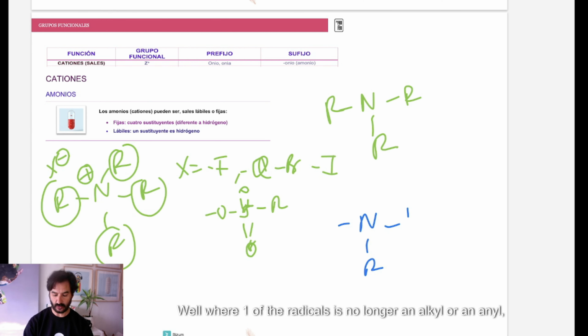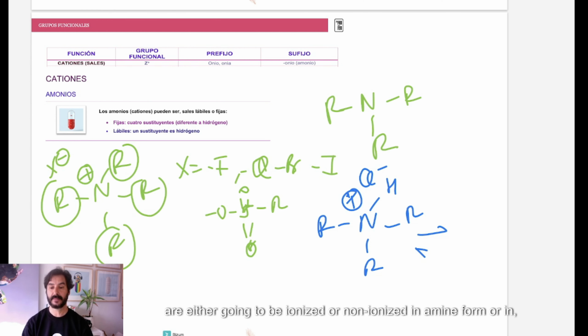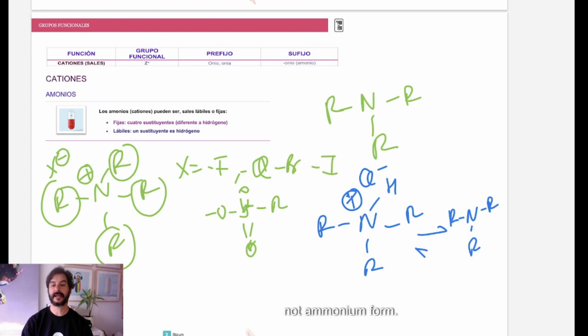Where one of the radicals is no longer an alkyl or an aryl, but is a hydrogen. These are labile salts, not fixed salts. Why? Because these salts, depending on the pKa of the conjugate acid, the pKb of the base, are either going to be ionized or non-ionized, in amine form or in ammonium form.